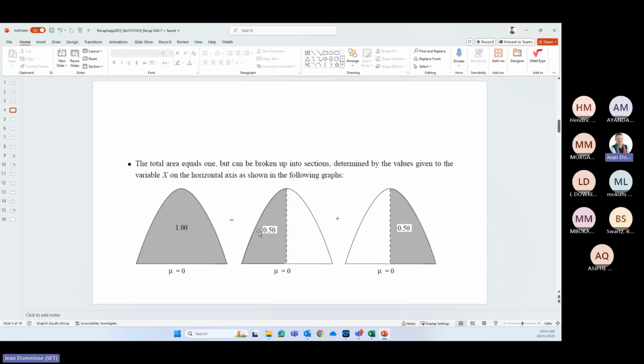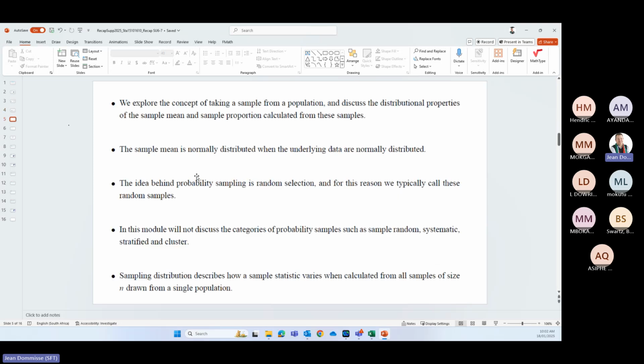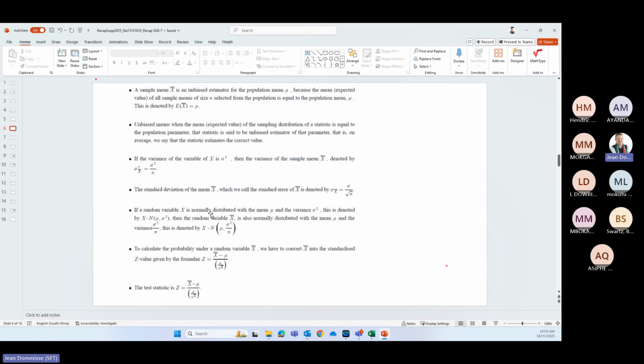Okay, we've done that, just the symmetry around that mean, which is important when we want to use the Z tables. Then what also is important is the formulas that we're going to use.